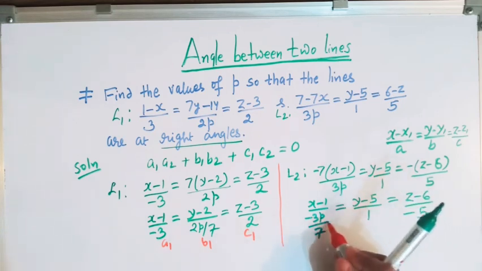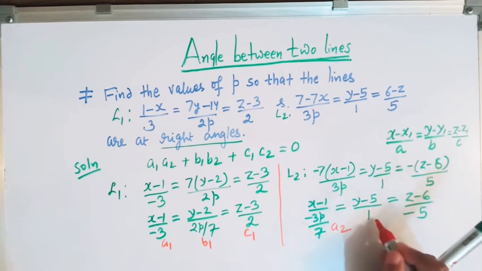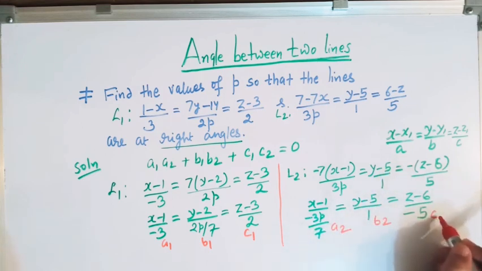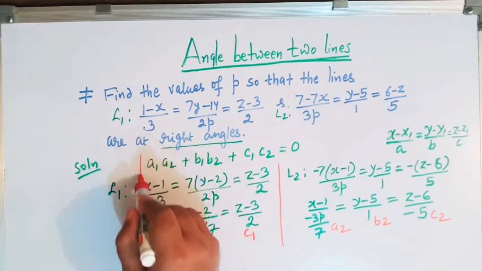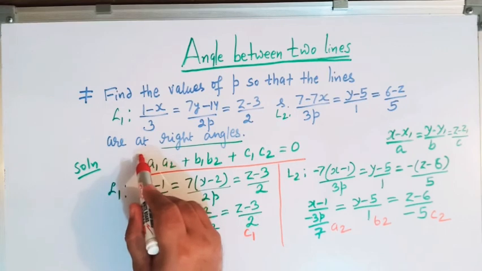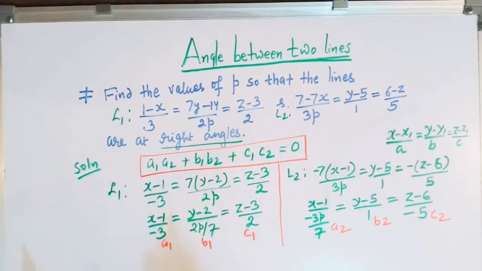Now viewers, this is a2, this is b2, and this is c2, right? Now we have to find the value of p, and we will apply this condition for two lines to be perpendicular, and we will substitute these values of a1, b1, c1, a2, b2, c2 in this expression, right?